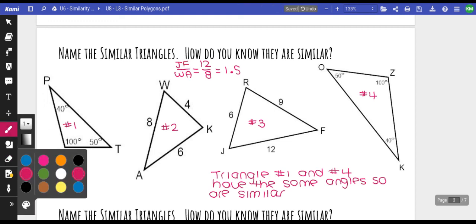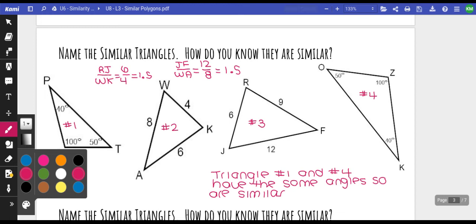And I'm going to say, okay, the shortest was RJ. The shortest here was WK. RJ was 6. WK was 4. Did I get the same value? Now 2 is good, but it's not the final answer. It's got to work for all 3.